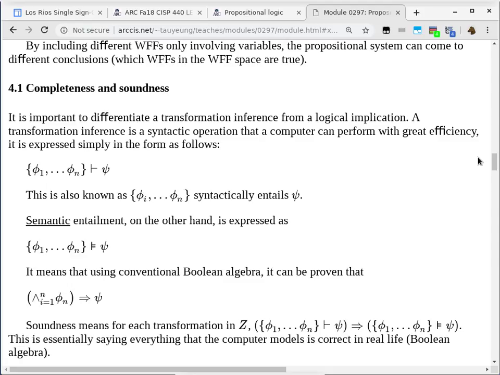It is only going for the syntactic transformation because that's the one thing that it can do really, really well. So the question now is, if you can prove something, can the computer prove the same thing? The second thing we need to ask is, if the computer can prove something to be true, is it actually true? We need those two to match in order to say the system is useful.